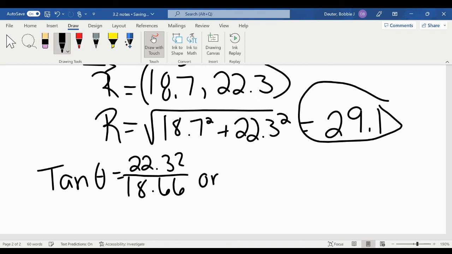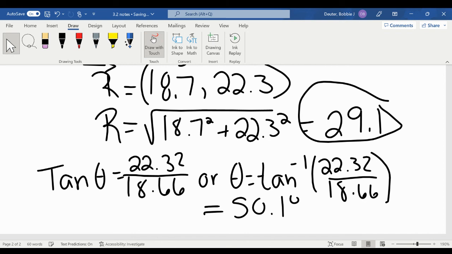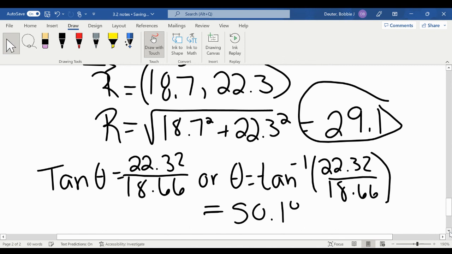You could also write it as theta, or angle, is equal to the inverse tangent, because that's what we're going to have to do to get this. And putting that 22.32 divided by our 18.66, when we solve for this, we are going to get an angle of 50.1 degrees.